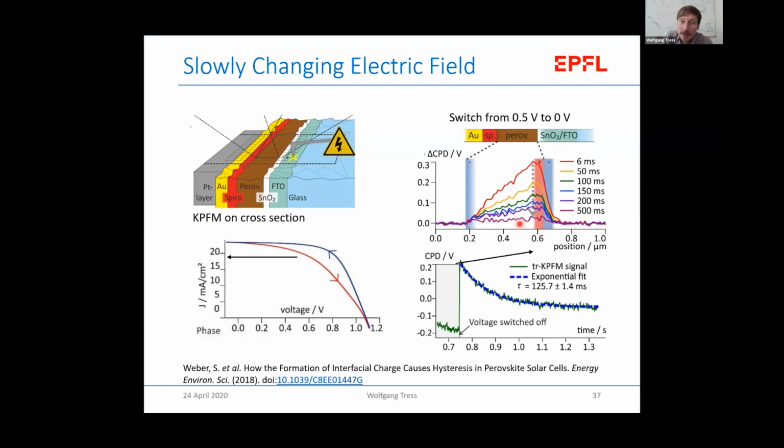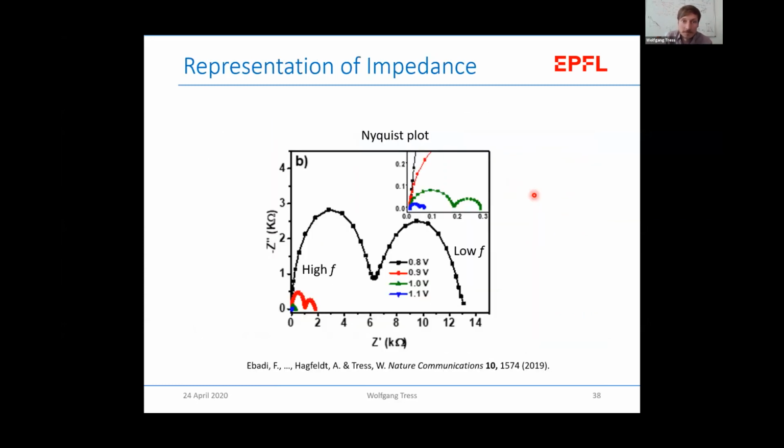And this clearly indicates that somewhere charge piled up in the system, and then slowly equilibrium is reached. Again, much slower than would be expected for electronic charges moving in this material.